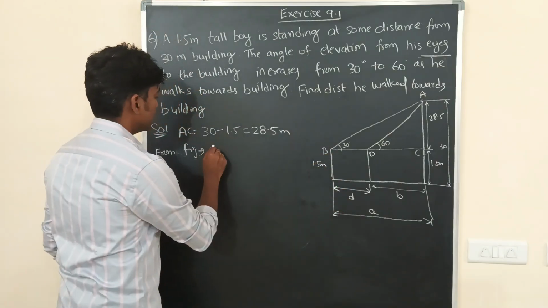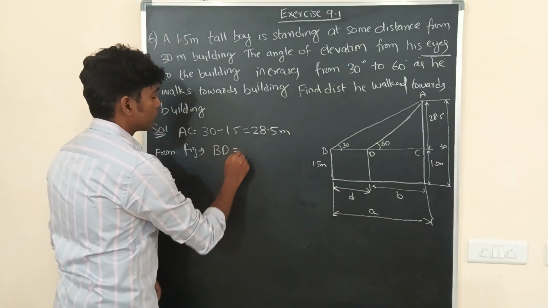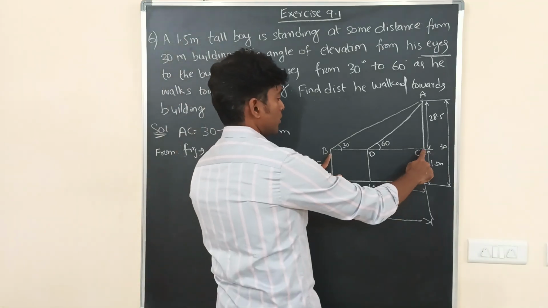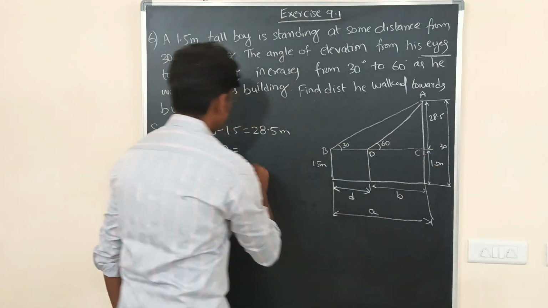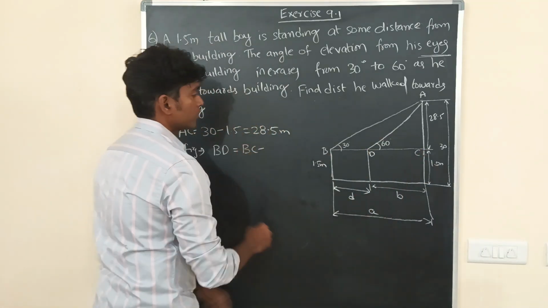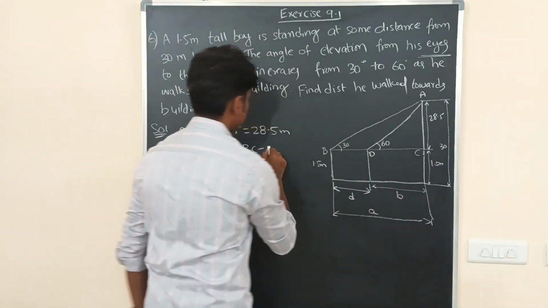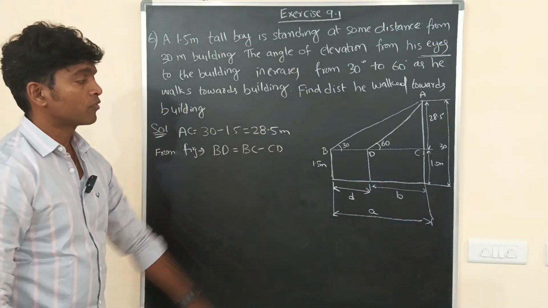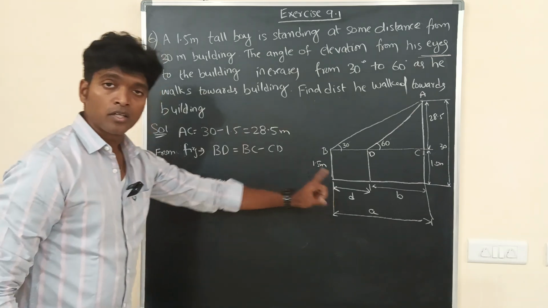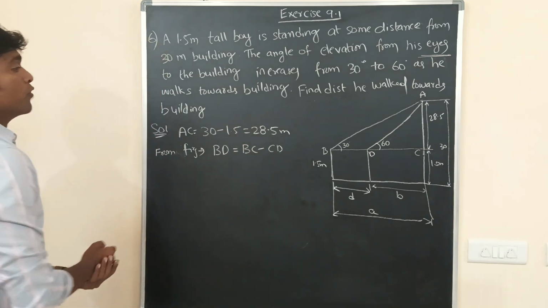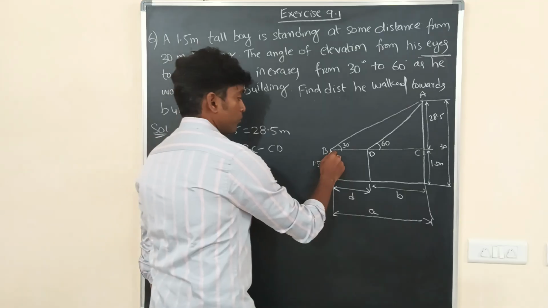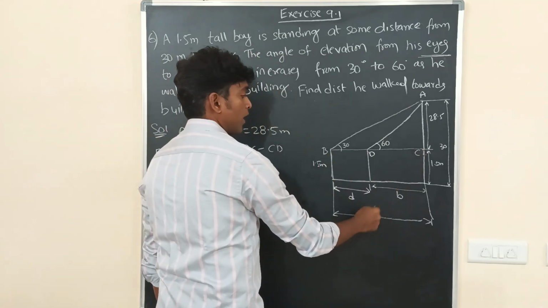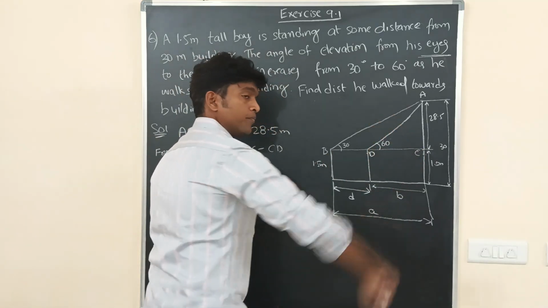So BD is equal to, the total is BC minus CD. Then only we get the value of BD, that is distance travelled by that boy. Now we have to find first of all BC, that is A, and CD, that is B.